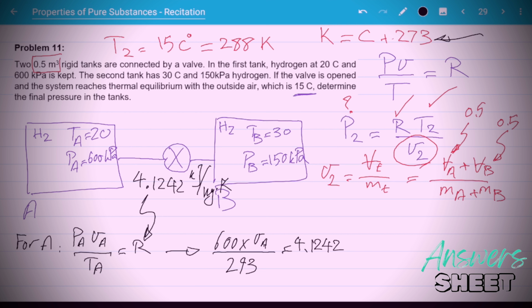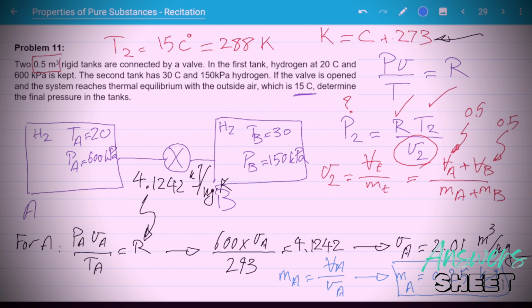Now doing the math, the specific volume of tank A is 2.01 meters cubed per kilogram. Now, using the equation that mass is volume over specific volume, I can get that the mass of hydrogen in tank A is 0.25 kilograms. So 0.25 kilogram of hydrogen is in tank A.